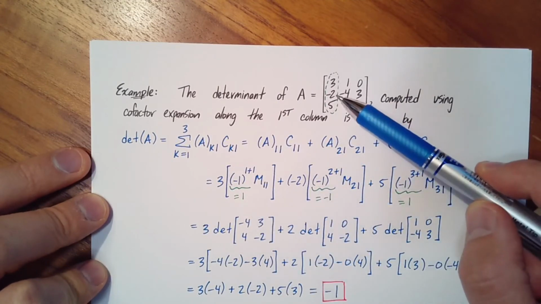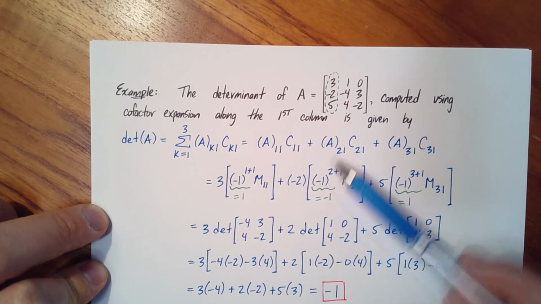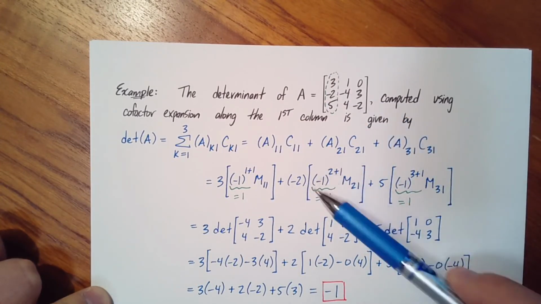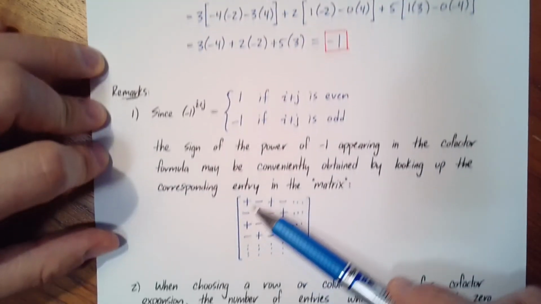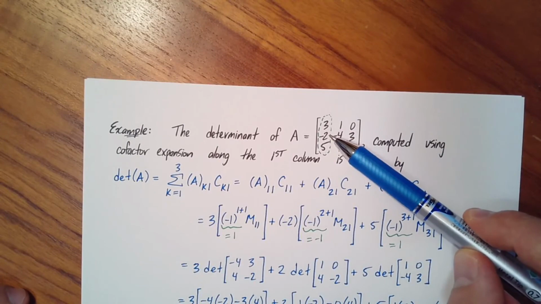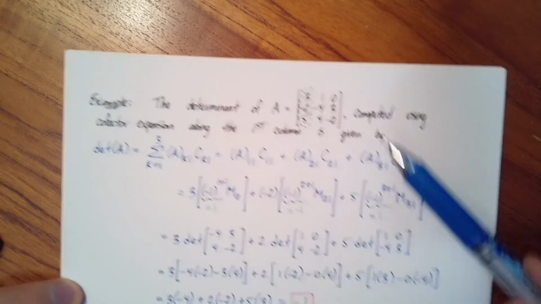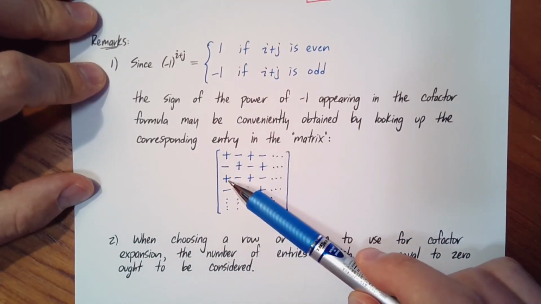But then the -2 corresponded to this term down here. The cofactor that corresponds to this entry is calculated in here, and its factor, which is the power of -1, ended up being negative, right? That's because the -2 really occupies the position that would correspond to this minus sign. And then for the 5, the power of -1 was +1, because the 5 is occupying this position.